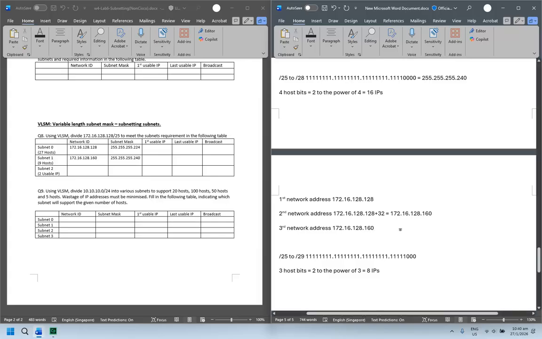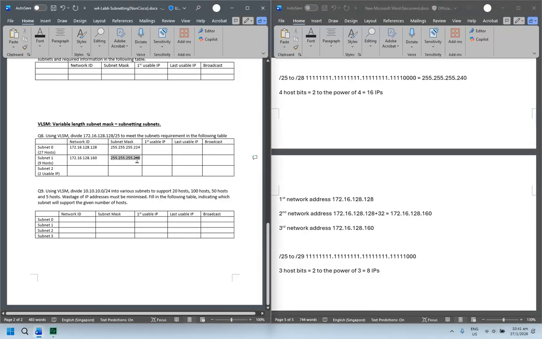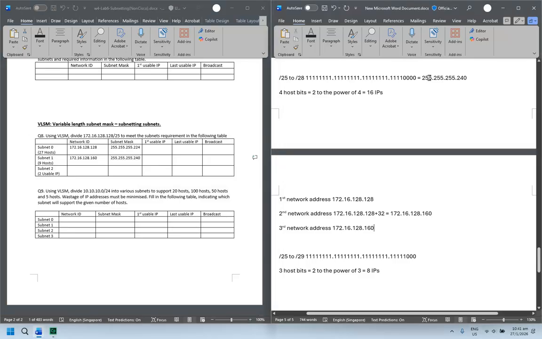You don't go and add 32 because we are not using fixed length subnet mask, we are using variable. Because the second group is using /28, 240, and the total IP addresses in the group is 16 only. So instead of adding 32, we should be adding 16.